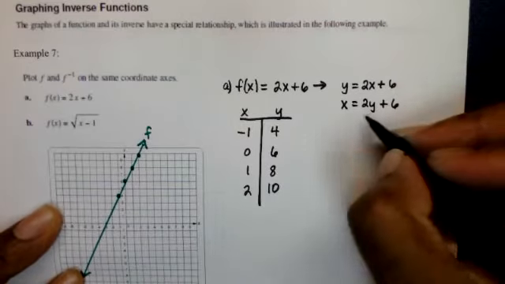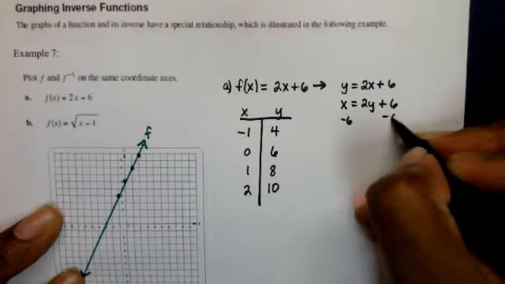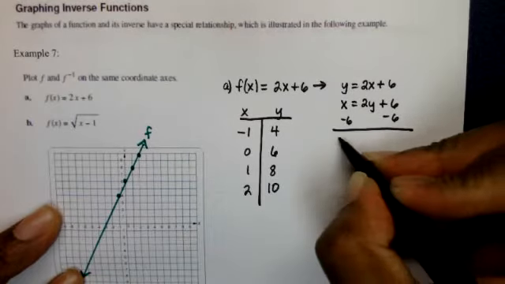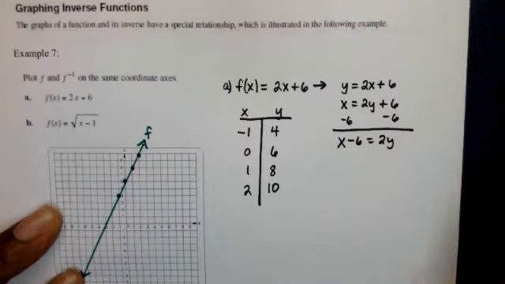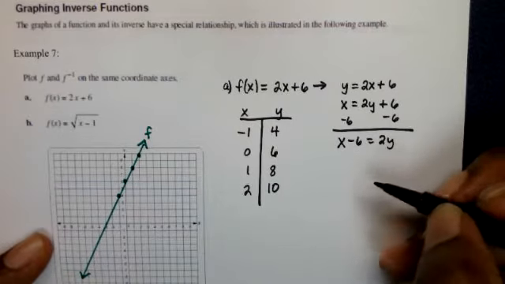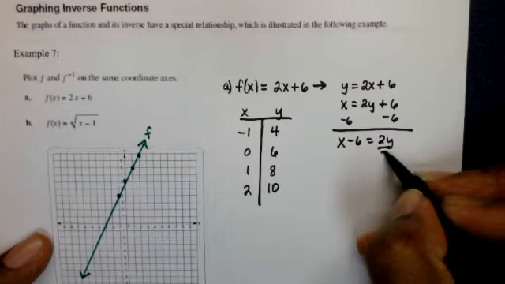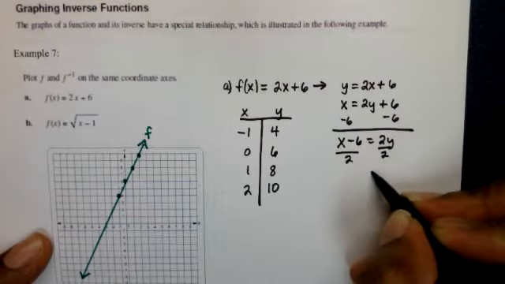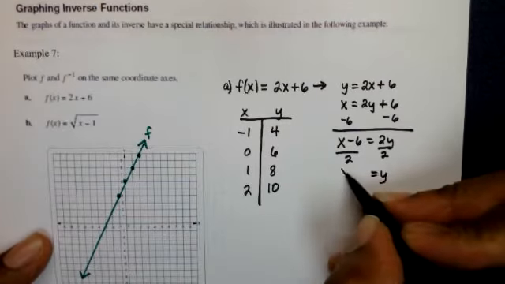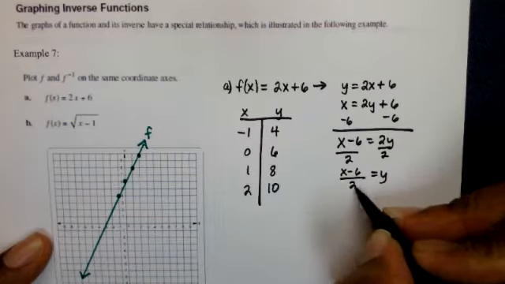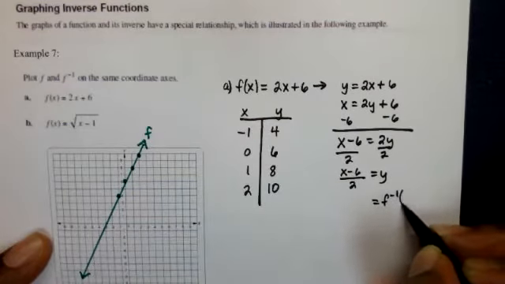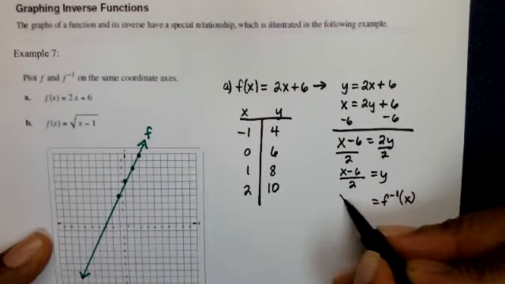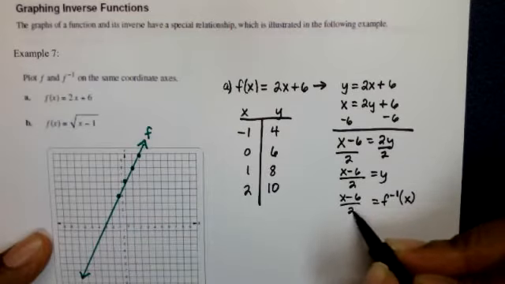And then to solve for y, we subtract 6 on both sides, which will mean x minus 6 is equal to 2y. And then divide both sides by 2. That would mean y is equal to x minus 6 all over 2. Finally, replace the y with f inverse of x. That would be x minus 6 over 2.